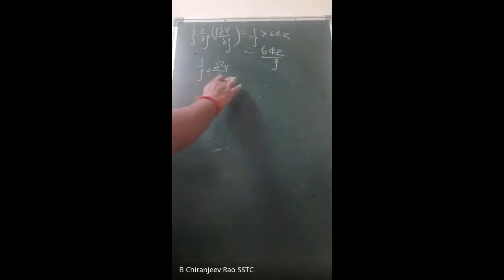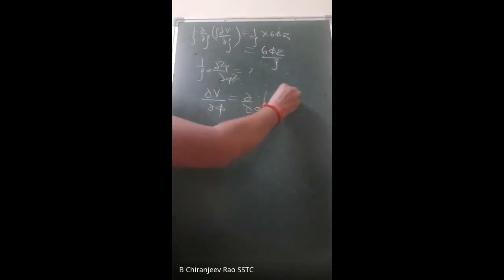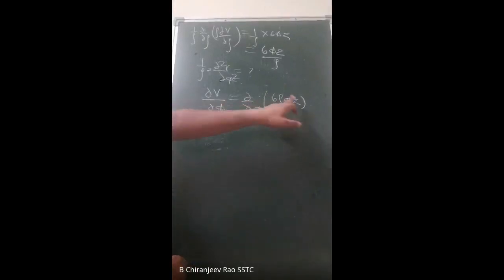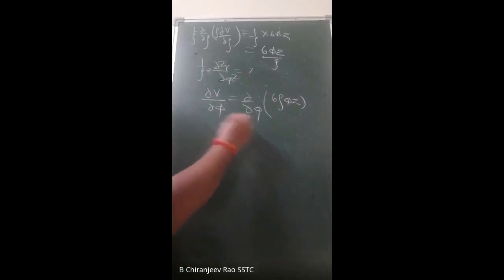So first we find del V by del phi. This is equal to del by del phi of 6 rho phi z. So 6 rho z is constant, and differentiation of phi with respect to phi will be 1. So we get 6 rho z.